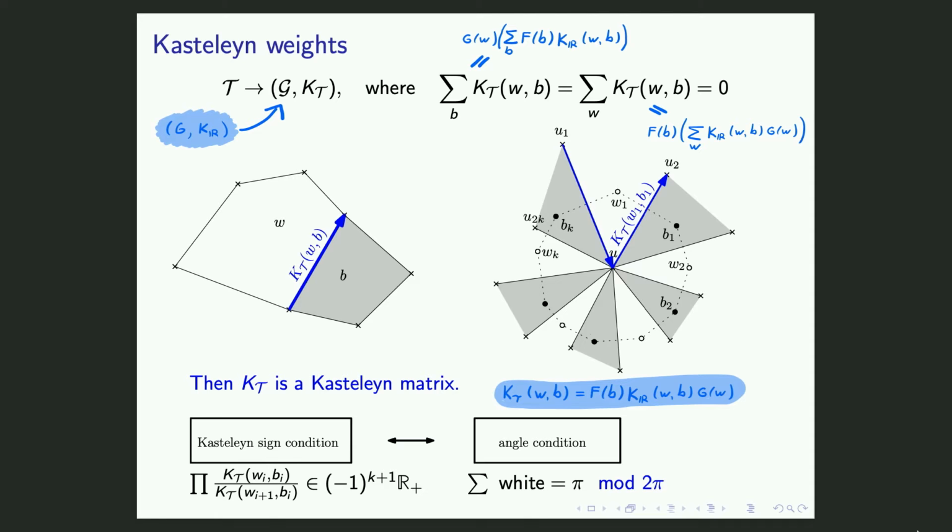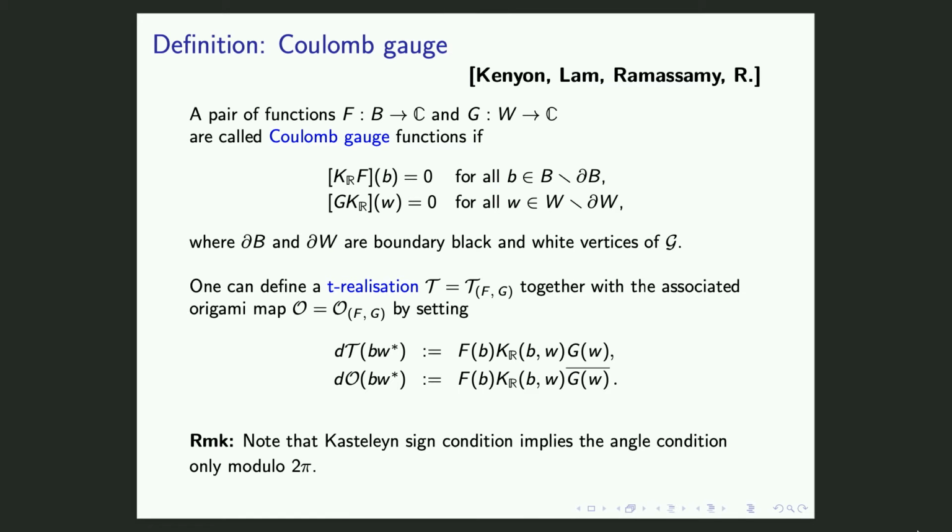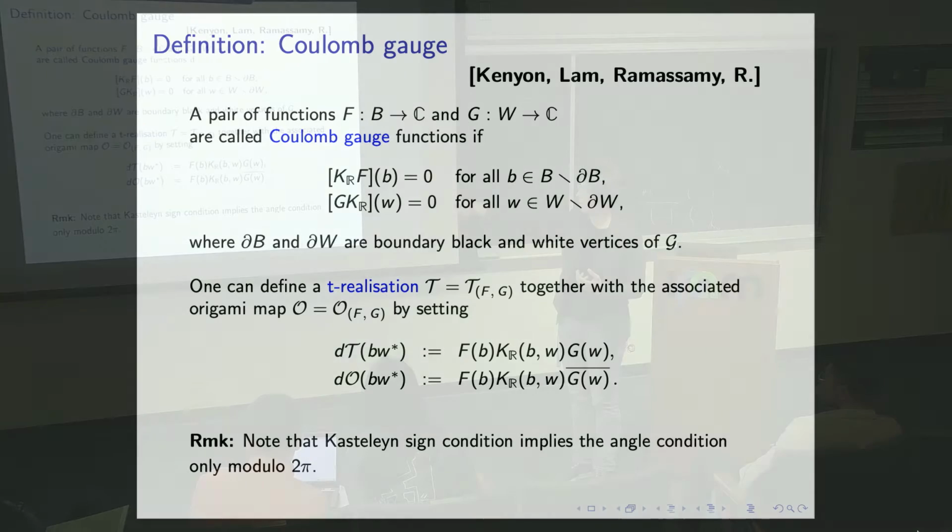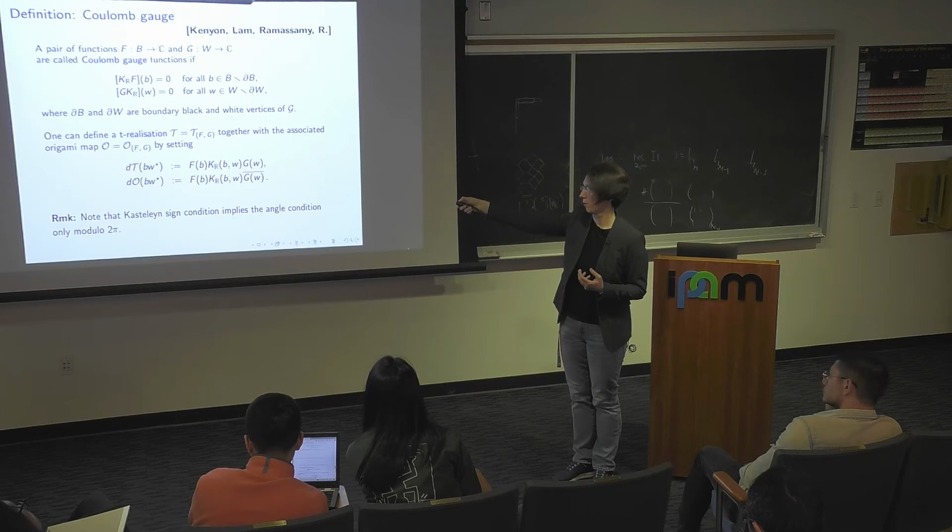So we're actually looking for two gauge functions to define the t-embedding. And what are the conditions for these functions? We're looking for two functions, one from black vertices to the complex plane, another from white vertices to the complex plane.